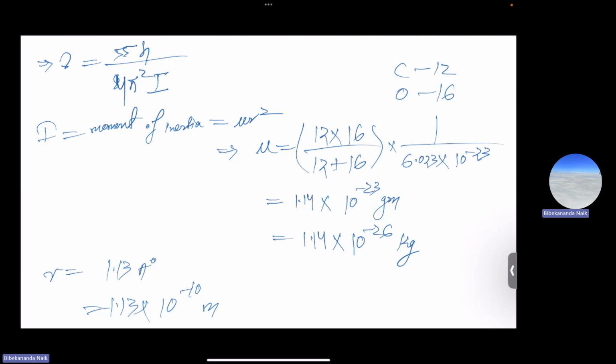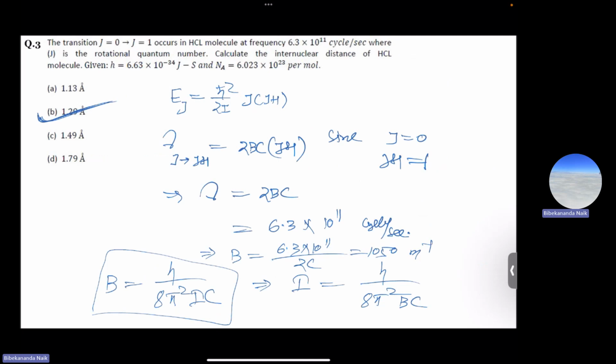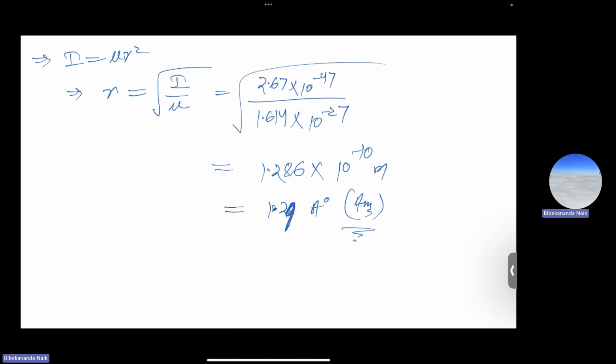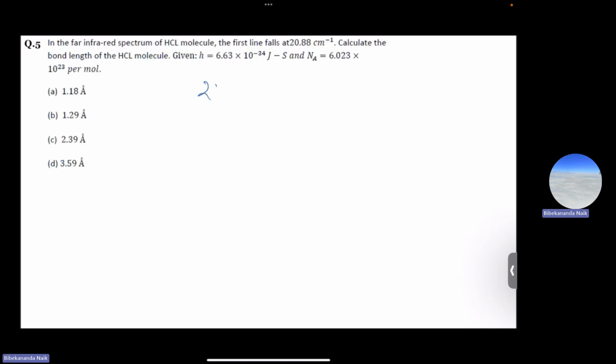And if you see the previous question, this was 2BC. 2BC means it will be in terms of frequency, but here since it is given in centimeter inverse, this 20.88 centimeter inverse is nothing but 2B.